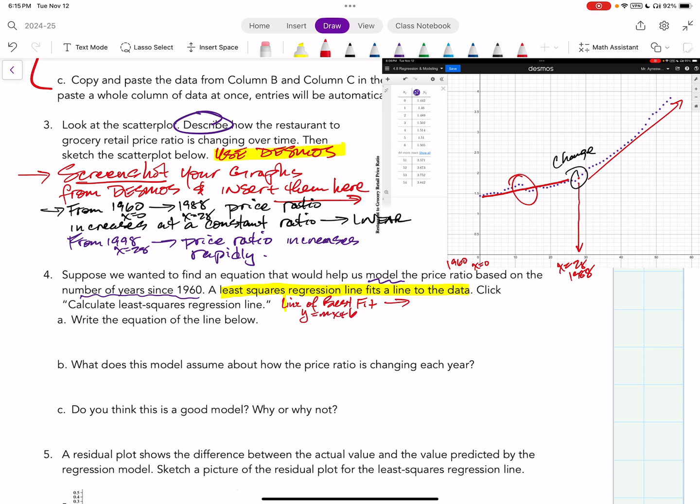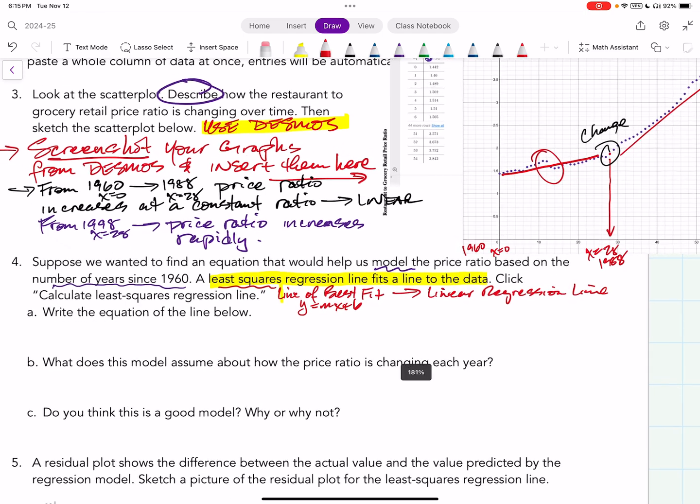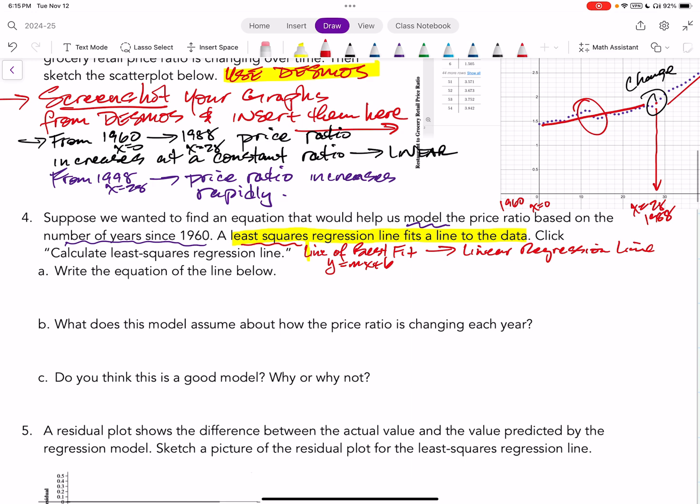And then later on, we called it the linear regression line. Linear regression line. I actually just taught this in other subjects. Okay, using the slope-intercept form, y equals mx plus b. So when it says least squares regression, we're talking about a linear form of regression line that models the data, that describes the data at any point in time. Okay, and it says calculate the least squares regression line and then write the equation down below.